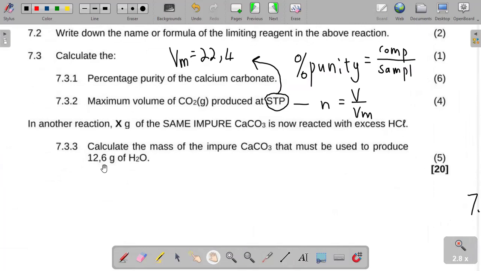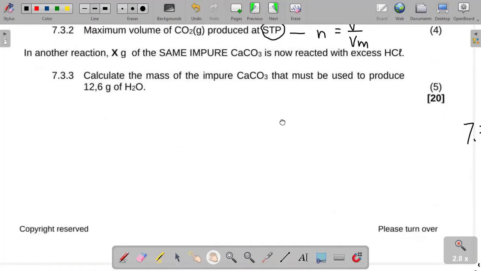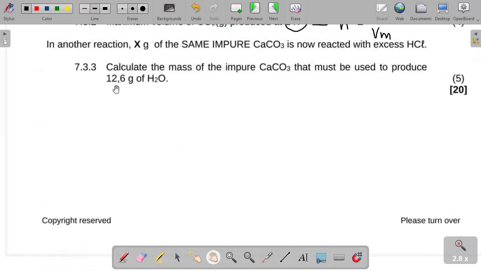Calculate the mass of the impure calcium carbonate that must be used to produce 12.6 grams of H2O. So we have the mass for H2O.